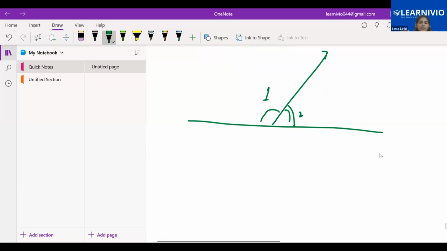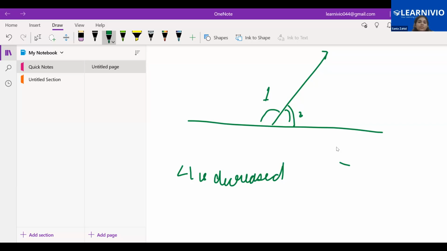Now they are saying that angle 1 is decreased. So what will happen to angle 2 so that both of the angles still remain supplementary? You understand the question?